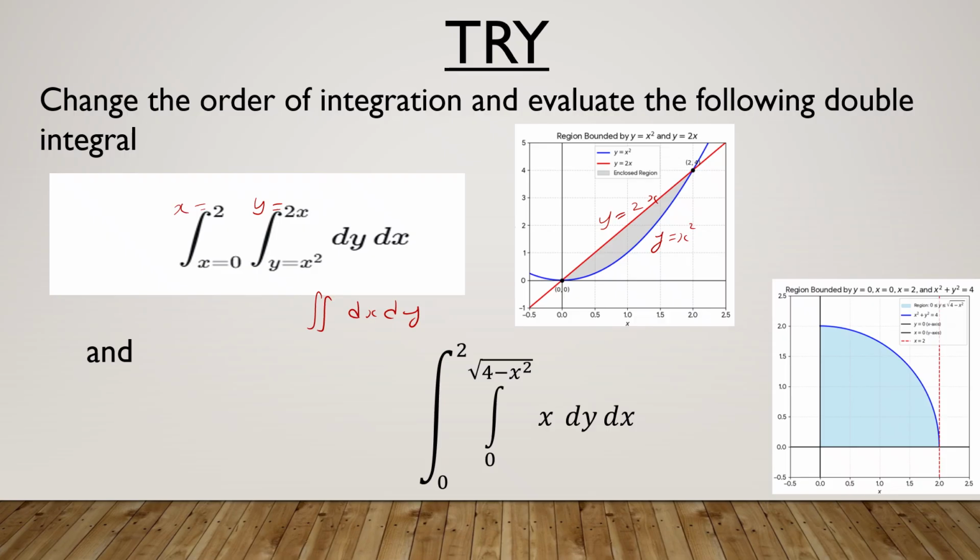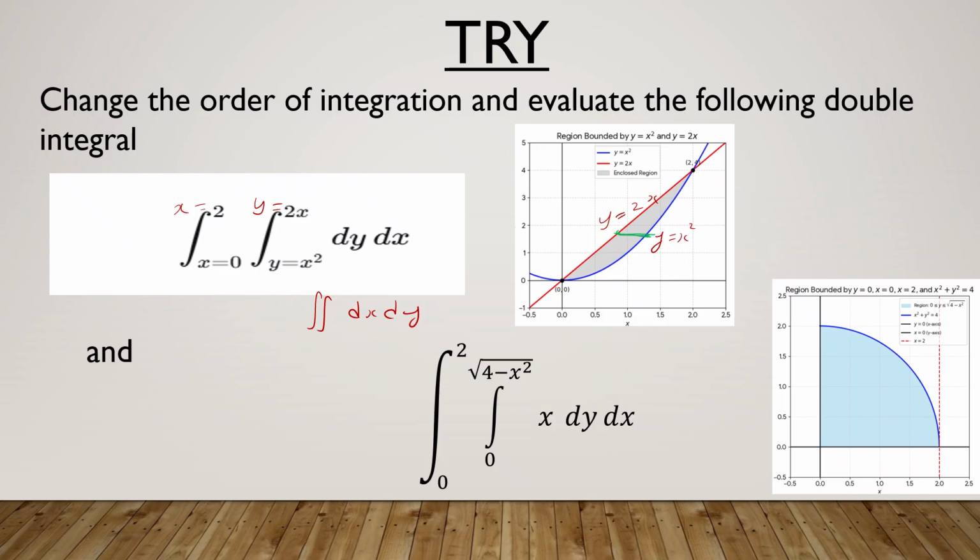Then we need to change the order of integration. So we should assume a step parallel to which axis? X axis. Then the lower end of the step gives you the lower limit, and the upper end touches the parabola, which gives the upper limit of x. Accordingly, the region starts from 0, 0 and ends at the point 2, 4. That will give you the y limits.